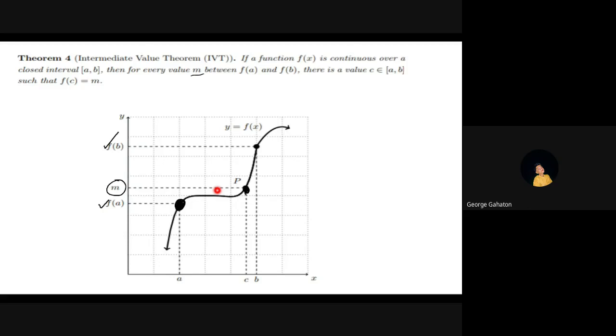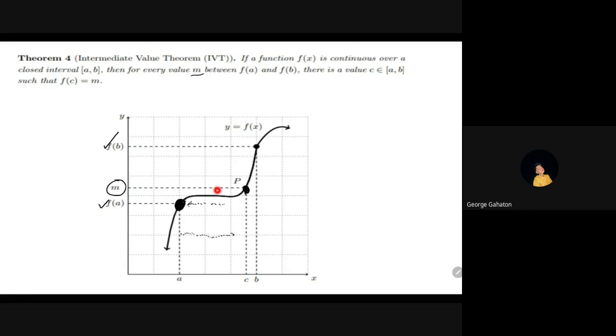So from this given illustration, we can make several observations. The first observation is that as the dark dot moves, basically the vertical dotted line over x is equal to c also moves.